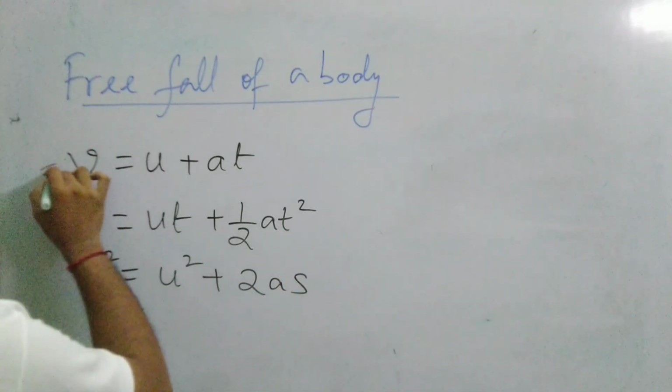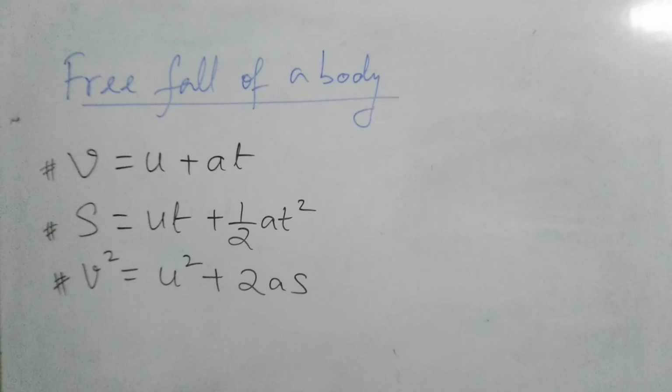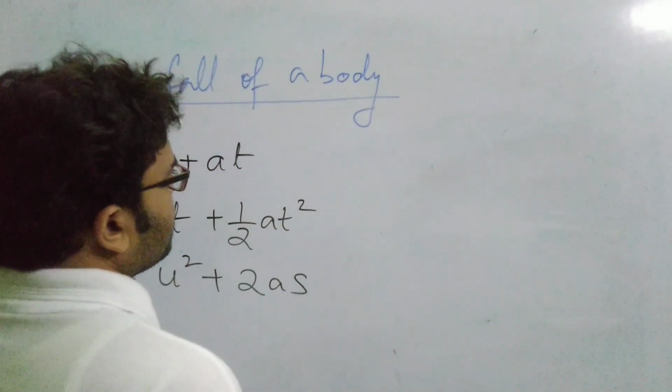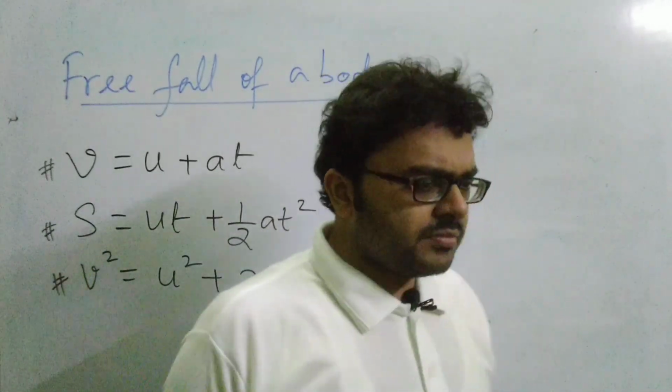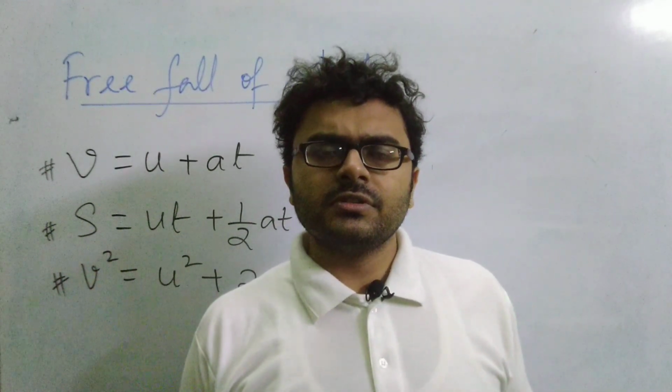Now, these three equations can be applied to a body which is falling freely under the force of gravity. How? Consider that when the body is falling freely under the force of gravity, what is the acceleration acting on the body? Think of this like that the force acting on the body is actually the gravitational force.